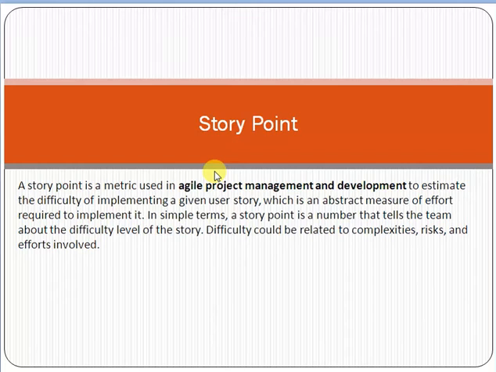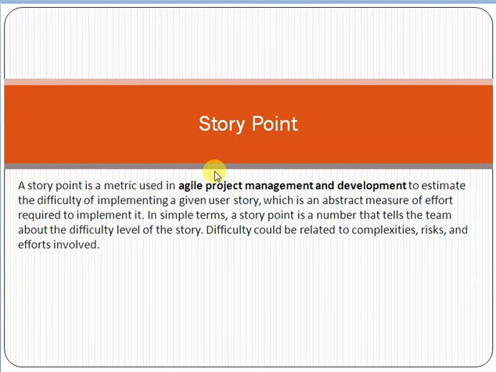So in traditional project management, there is a concept of man day. Man day means 8 hours. Now, in the Scrum framework, there is a concept of story point. Story point means that based on the complexity of the story, based on the requirement complexity, we assign a few points to the story or requirement, showing how complex this requirement is, so that we can understand how much effort is required to accomplish that story.